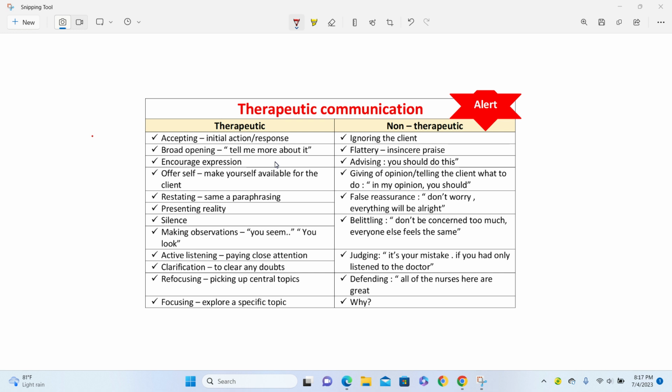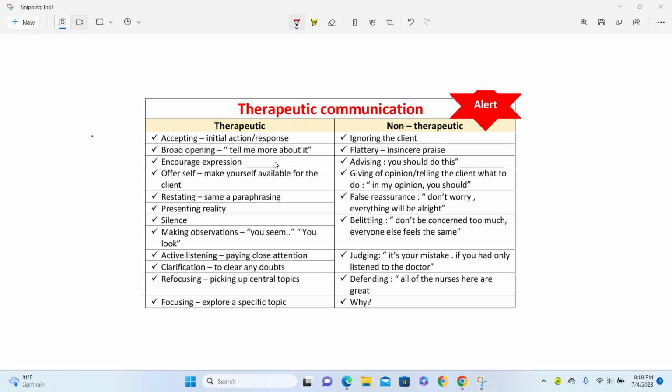For example, if the client is saying many things, like I'm having this condition, that condition, and I'm going through this and that, and in all this he's saying something about a suicide attempt, in that scenario we have to concentrate more on that point, which is going to help us prioritize his treatment.